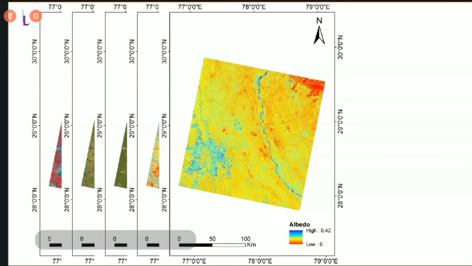You also have to iterate according to your area and define the results, as shown in this particular image. The albedo value varies from 0 to 1 as we derive it using Landsat 8 short-wave band 2 to band 7, that is bands 2, 3, 4, 5, 6, and 7, all six bands.